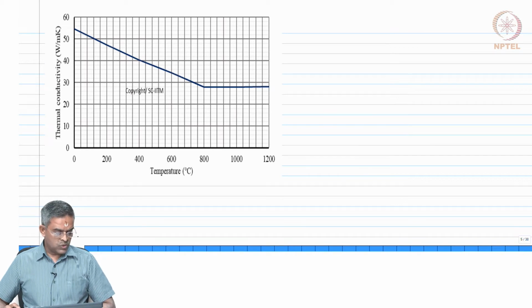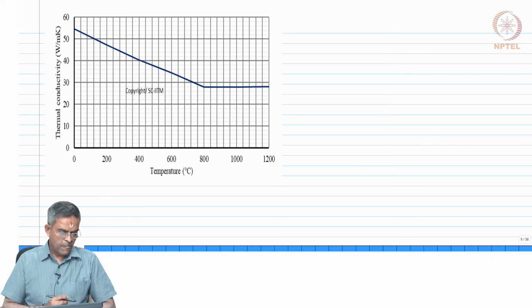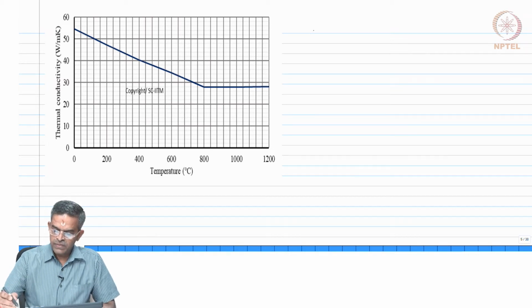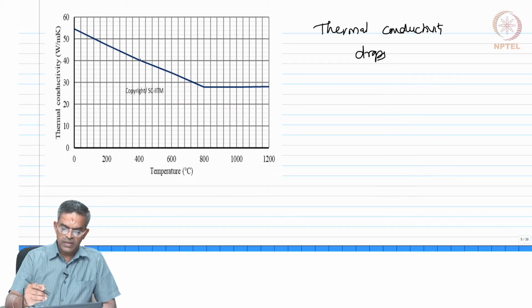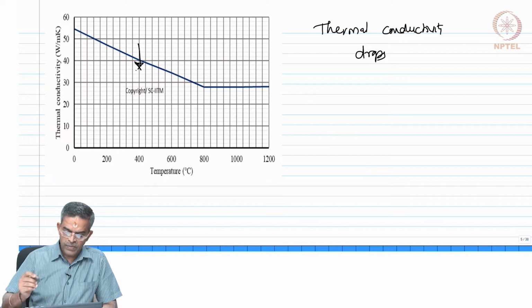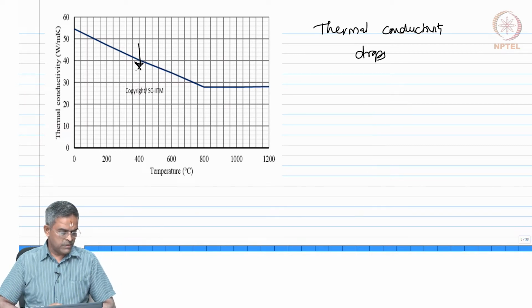This curve shows the variation of thermal conductivity, which drops. You can see here it drops with the increase in temperature.